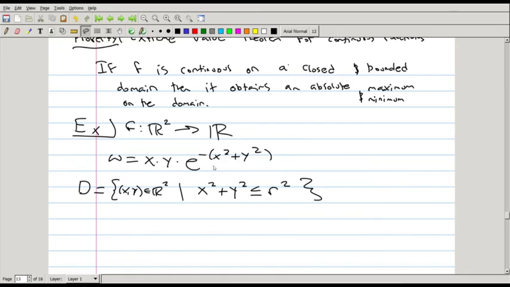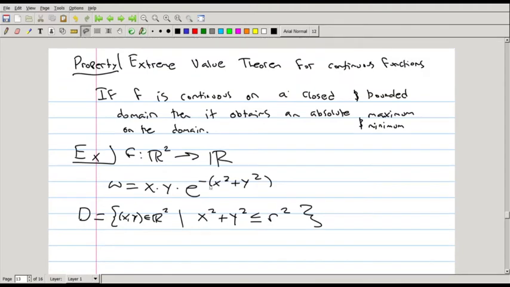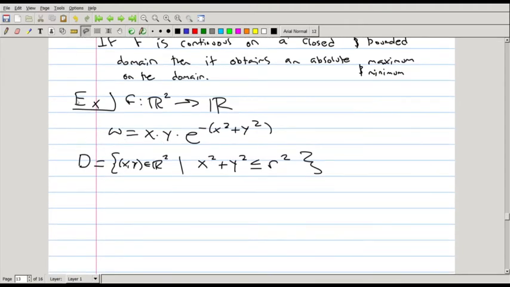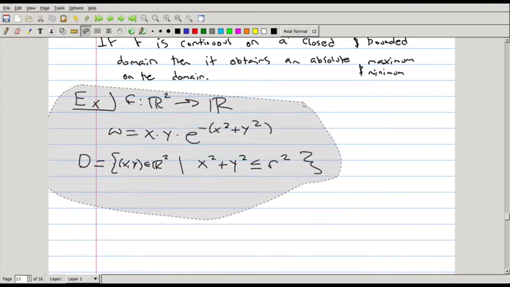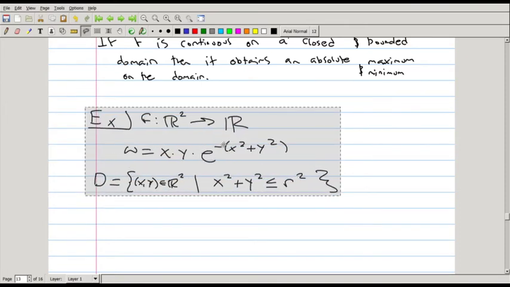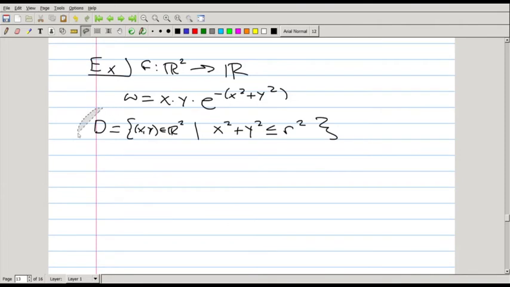So to demonstrate an example of this theorem, I'm going to use one of my favorite functions, which is the function x times y times e to the negative (x squared plus y squared).